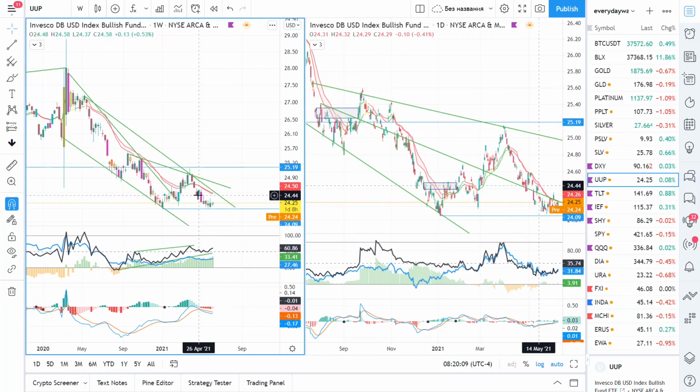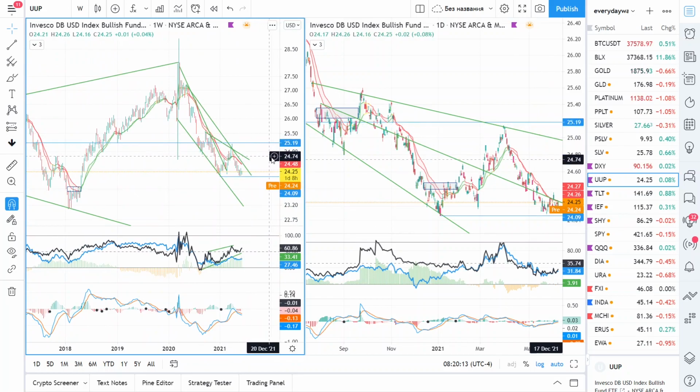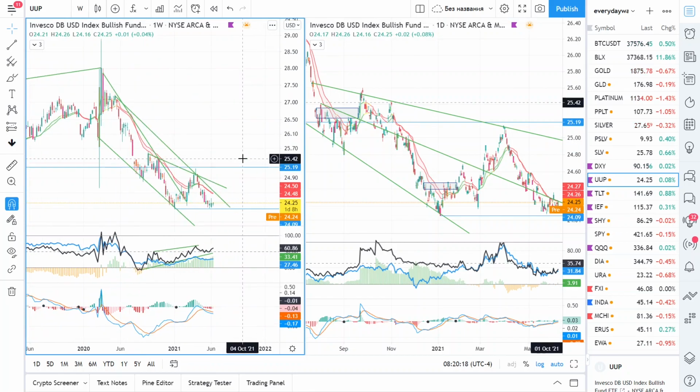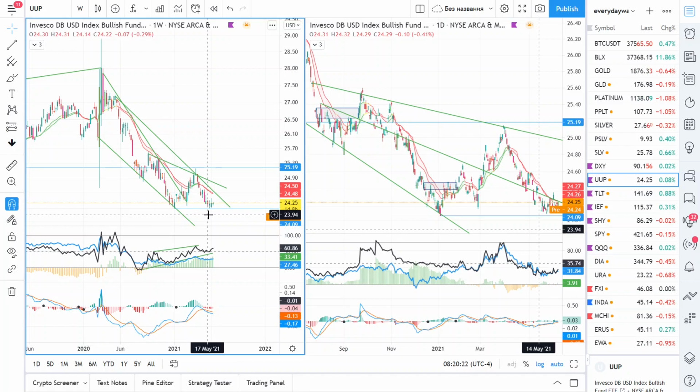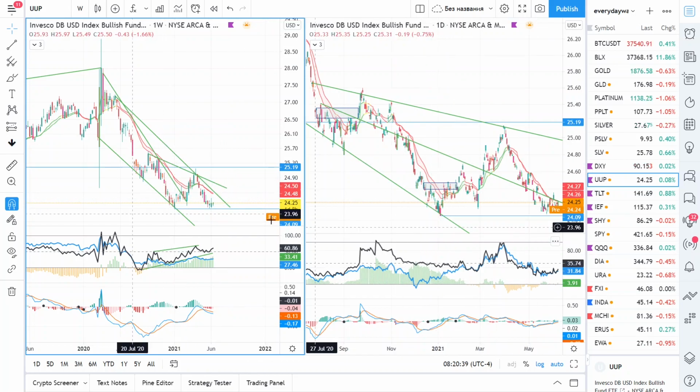Even if we were going to go to the 25.19 region or somewhere up there, you are risking only 0.15 cents per each share of this fund. So that gives you an excellent risk reward ratio, and the possibility of a reversal here is very high.